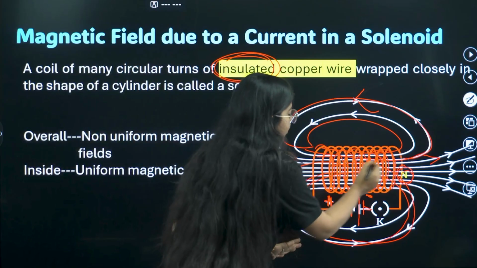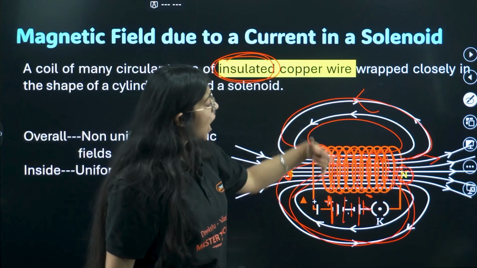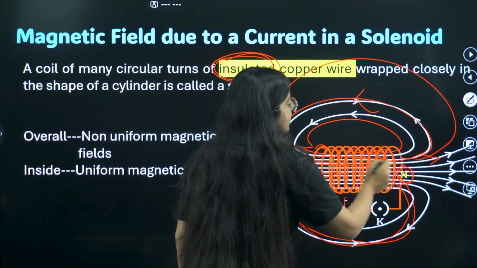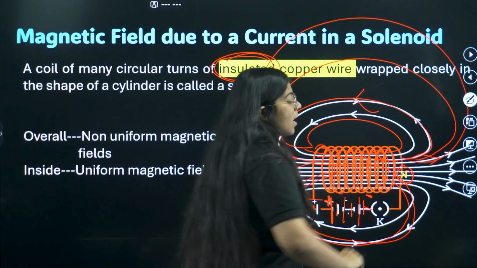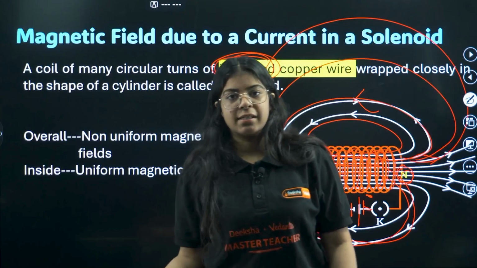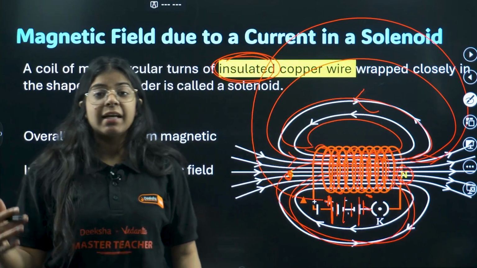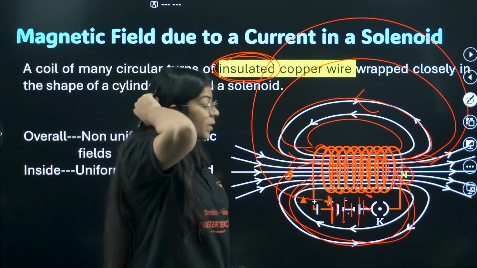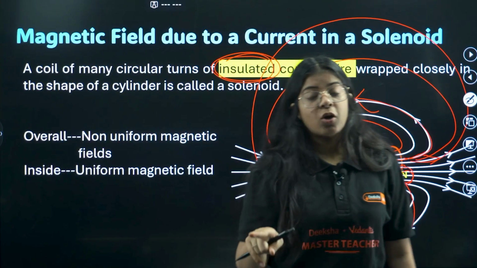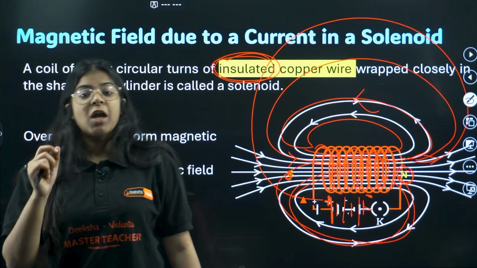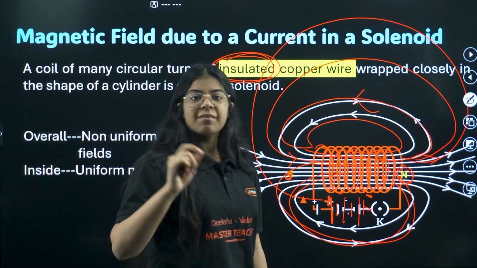But outside the solenoid, they will start dissipating from each other. The distance between the magnetic field lines will keep on increasing. Hence, outside the solenoid, the magnetic field lines will not be uniform. They will be non-uniform magnetic field lines.